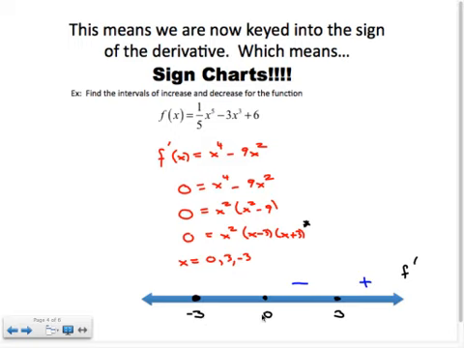Between -3 and 0, like -1, I'm going to get a positive times a negative times a positive. Still negative in this interval. And if I use a number smaller than -3, like -10, I'll get a positive times a negative times a negative. Overall, a positive. Okay, so this sign chart now will tell me what f does on these intervals.